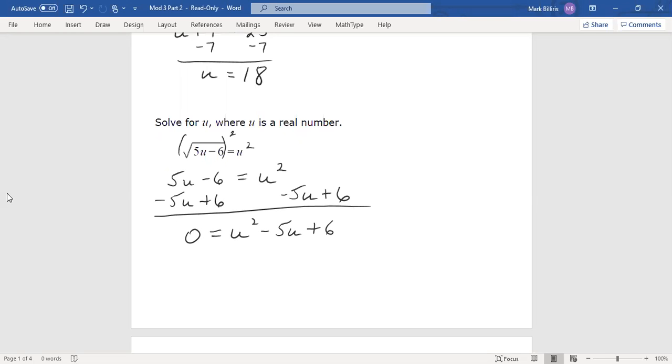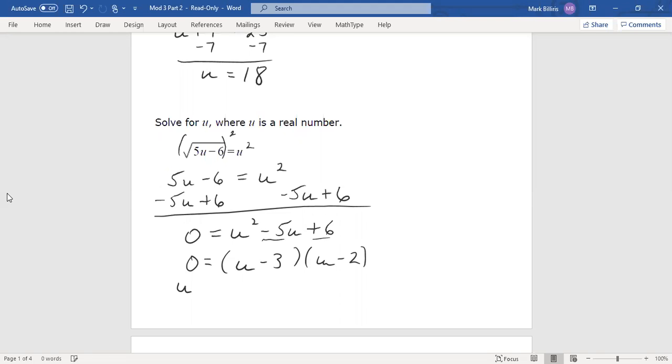We'll use the shortcut in factoring. Since our leading coefficient is 1, we only have 1u squared, we can go directly into the factoring. So we know it's u times u to give us the u squared. To get a positive 6 when we multiply and a negative 5 when we add would be a negative 3 and a negative 2, because negative 3 plus negative 2 is negative 5, and negative 3 times negative 2 is a positive 6.